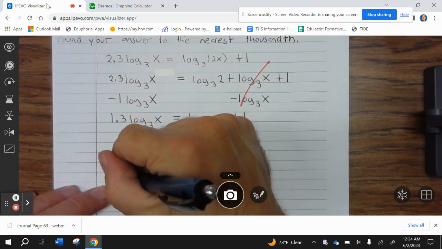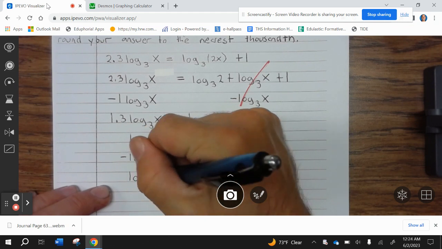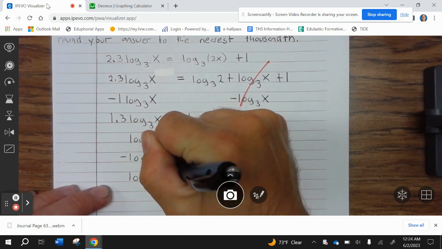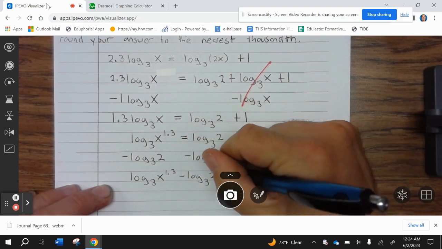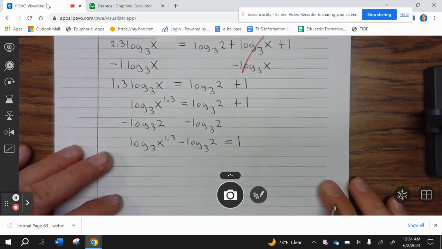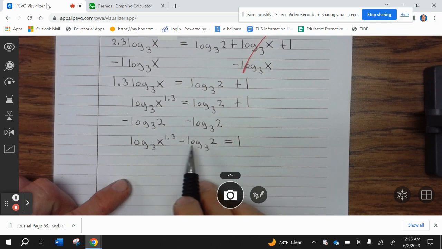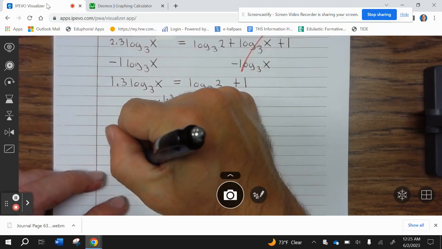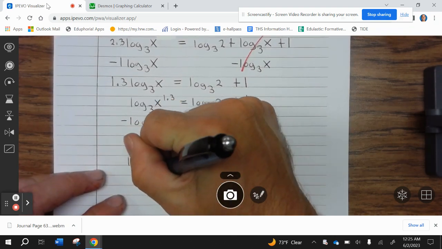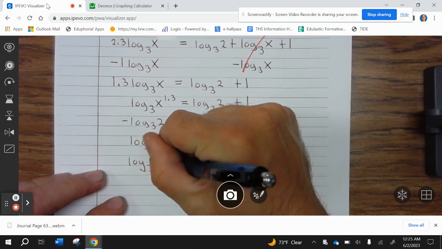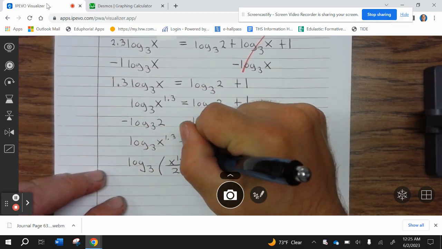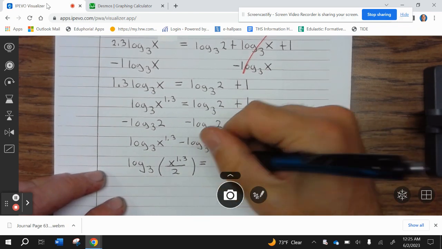So you have log base 3 of x to the 1.3 minus log base 3 of 2 equals 1. Now, because we subtract, we can divide. So this becomes log base 3 of x to the 1.3 divided by 2 equals 1.